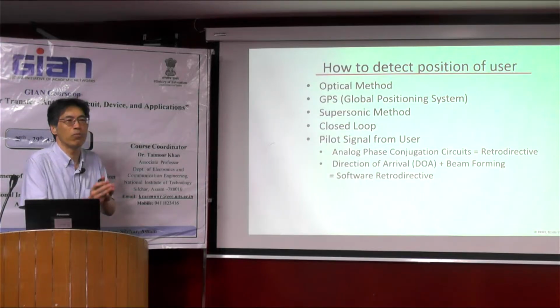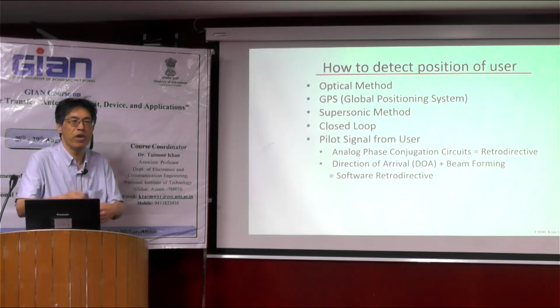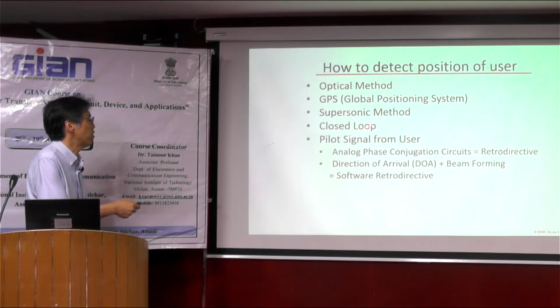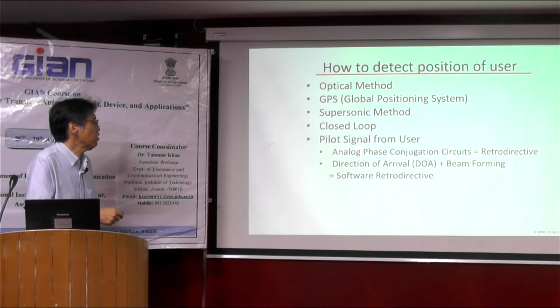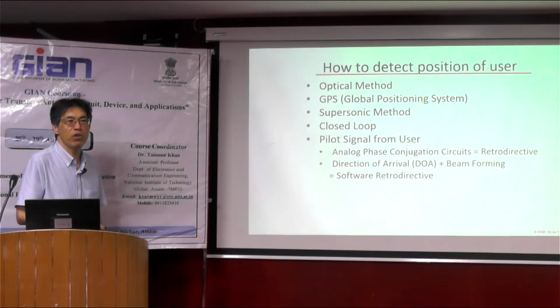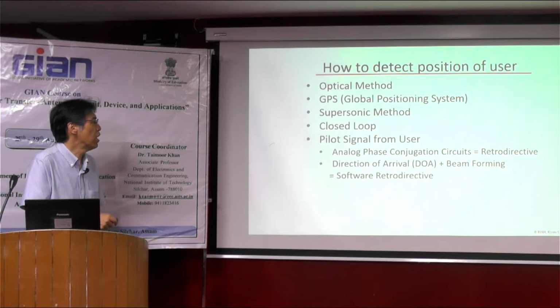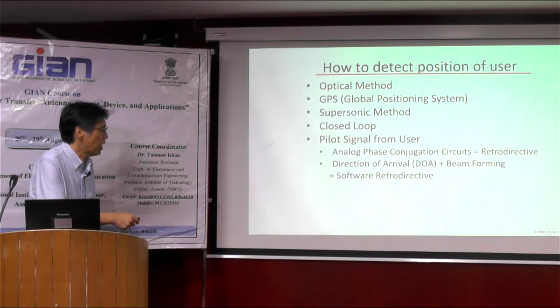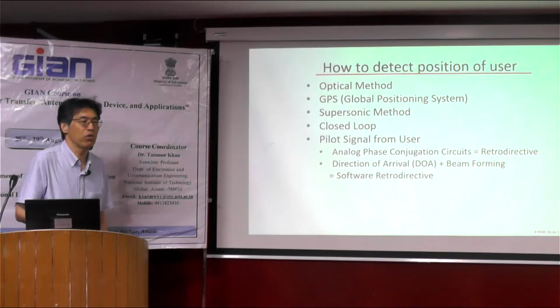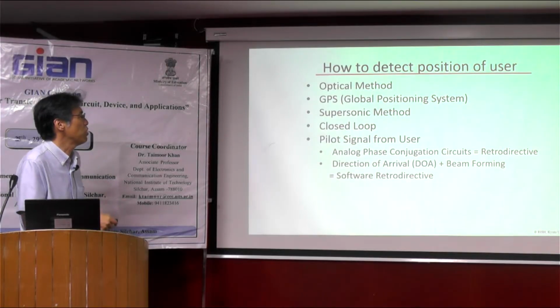So we control the beam direction and we make a closed loop. For example, this is the other way. And we can use the pilot signal, the radio wave itself from the user, to check the position. So, briefly, I would like to introduce the target detecting technologies.